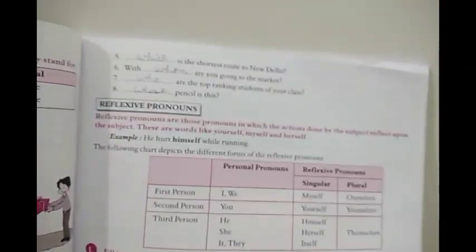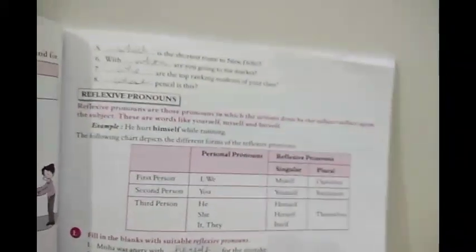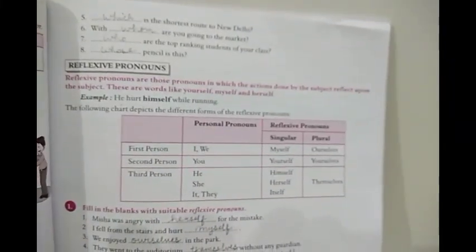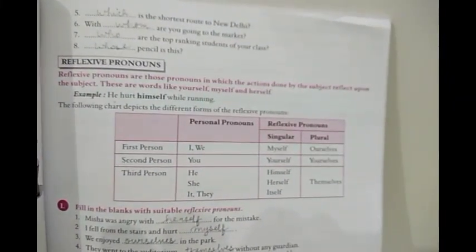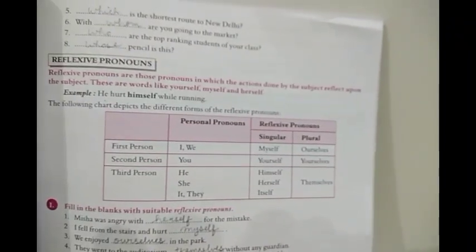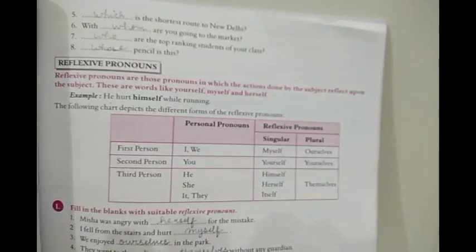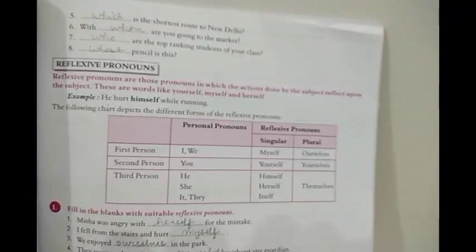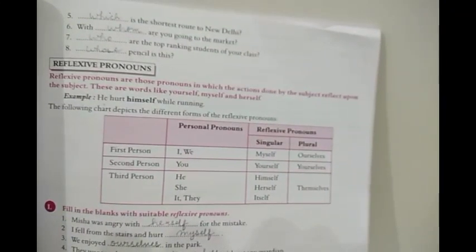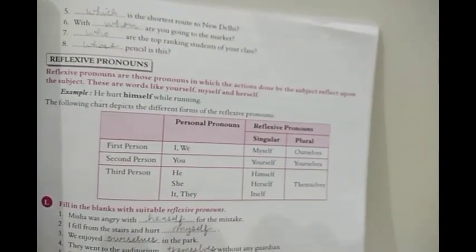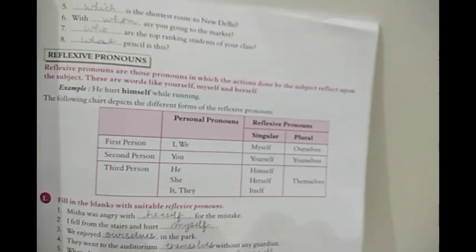The next kind of pronoun is the reflexive pronoun. Now, what are reflexive pronouns? Reflexive pronouns are words ending in self or selves, S-E-L-F, S-E-L-V-E-S. They are used when the subject and object of a sentence are the same.